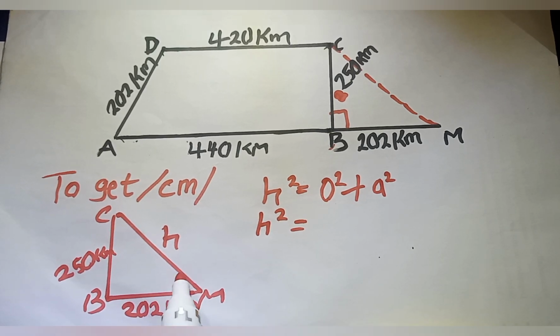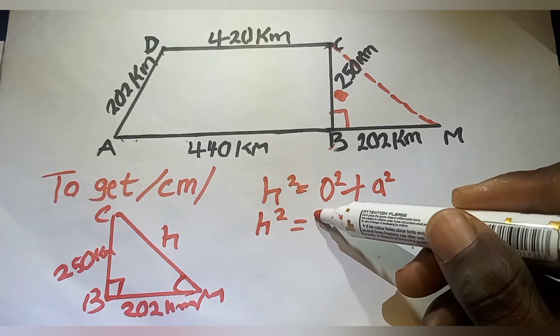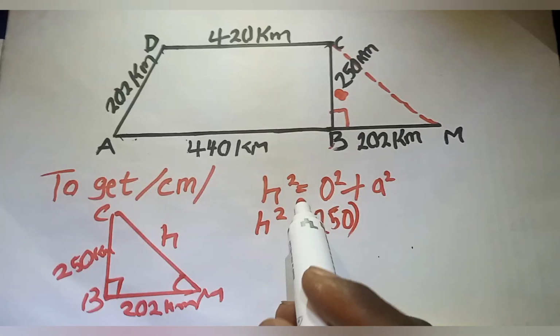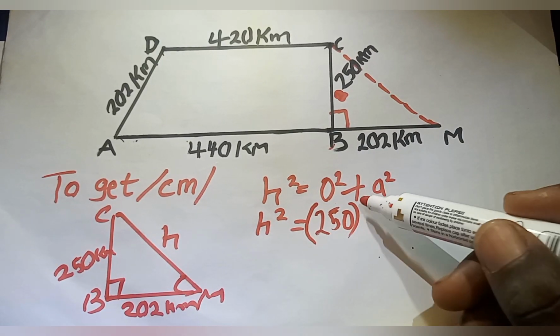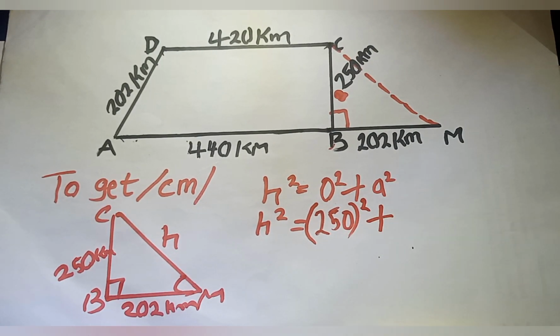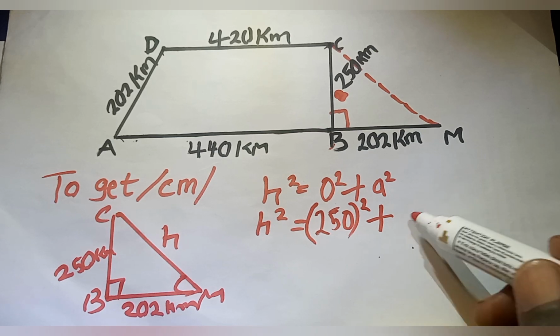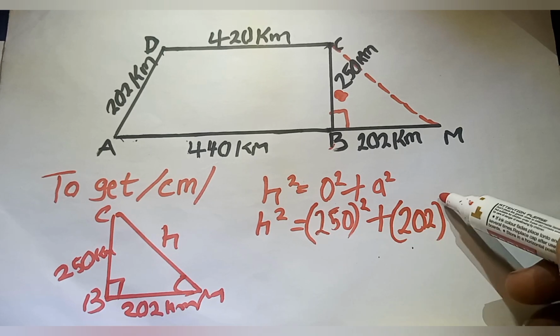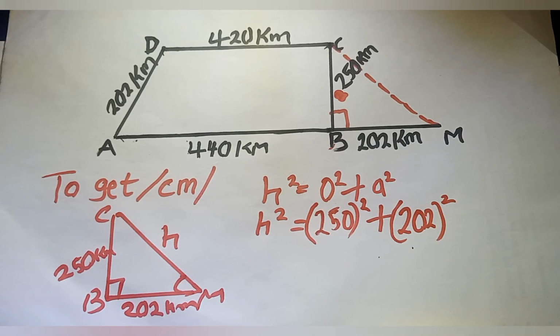So, if you want to get line CM, this H square is equal to what? What's opposite? Opposite is the side that faces the angle. So I'm going to be having 250 kilometers, 250 raised to the power of 2, plus what? What's the adjacent square? Adjacent is 202, so we have 202 squared.